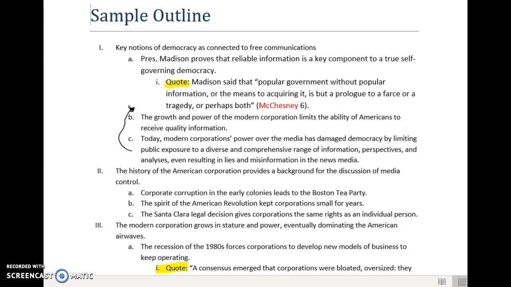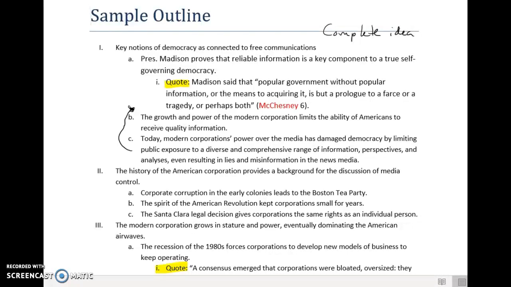The final principle that should be in an outline, which you'll also see enumerated here, is that you should have complete ideas. A complete idea does not mean a complete sentence.